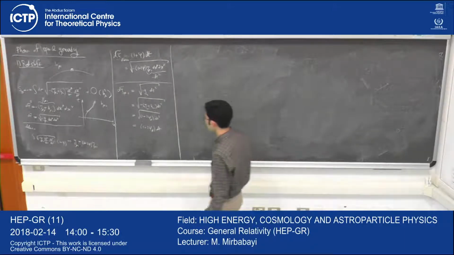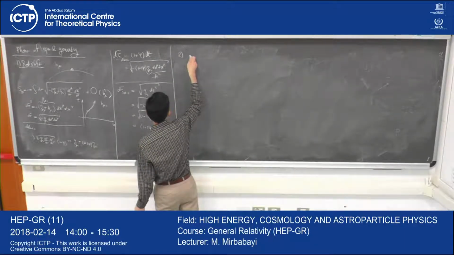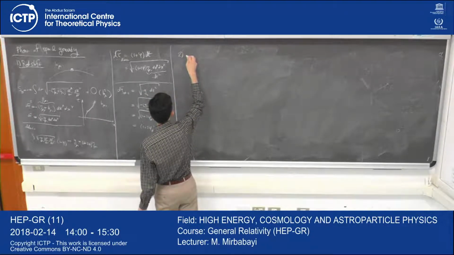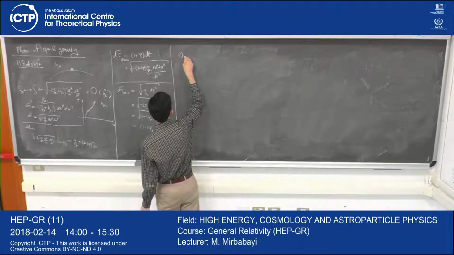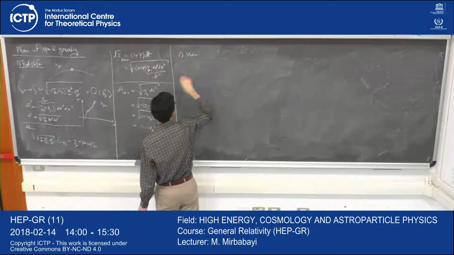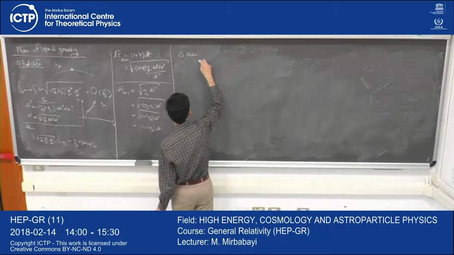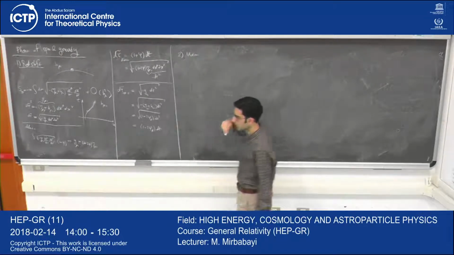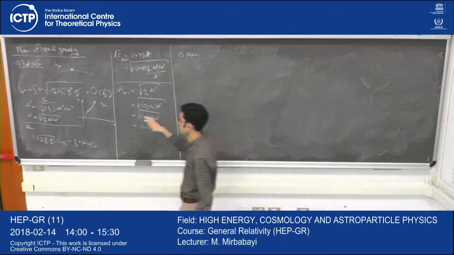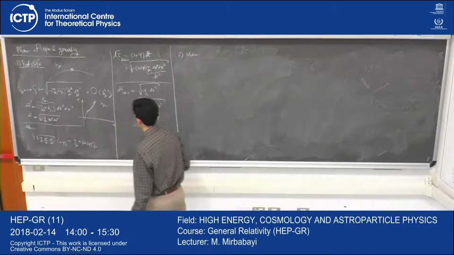The second question that we can ask, which is very related to what I was saying, is about the motion of the particle in some background field. So we derived the equation of motion coming from this action yesterday.